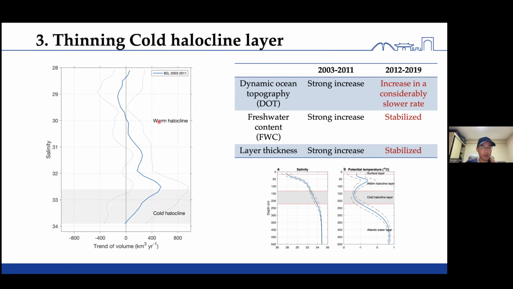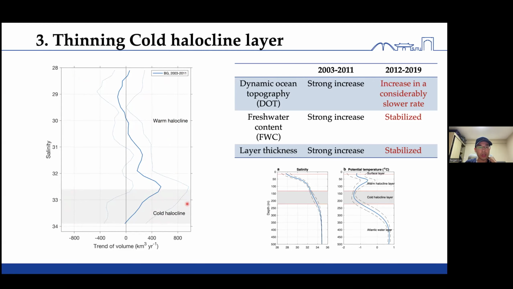It consists of the warm halocline and cold halocline, with salinity ranging from 28 to 34. Apparently the trends are positive, particularly when the salinity is larger than 30, and the peak is right above the cold halocline, which is shaded here.